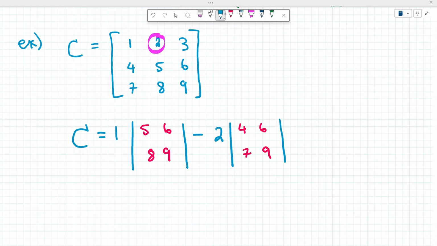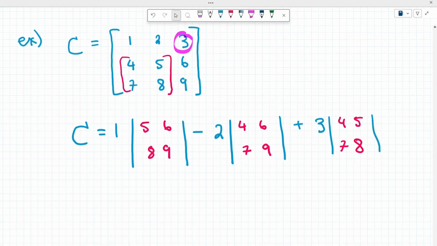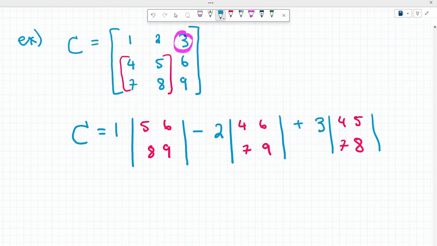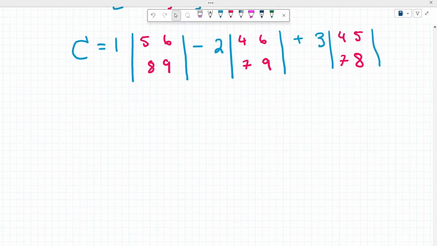And then lastly, let's go to our last value, which is 3. From the Laplace expansion, it is positive, and our minor matrix here is 4, 5, 7, and 8. Now we just have to use our AD minus BC rule to find all our minor determinants.